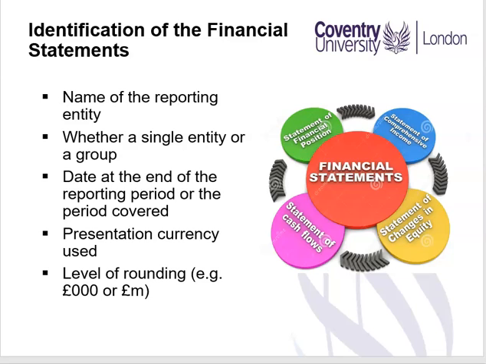It must be shown whether this financial report is for a single entity or a group company. The date at the end of the reporting period and the period covered by the financial statements must be displayed. The presentation currency used, whether it is sterling, euro, or whatever, and the rounded level used, either in thousands or in millions.